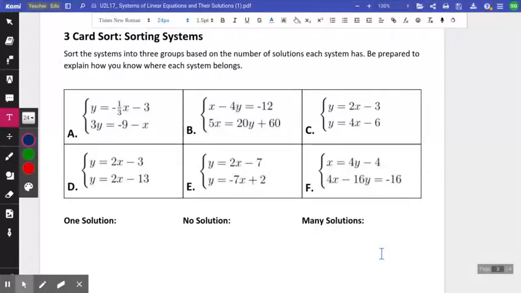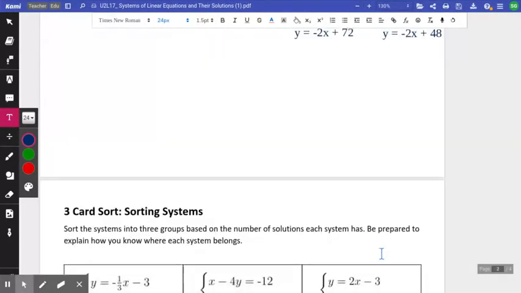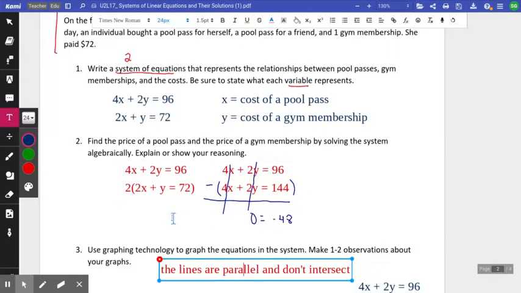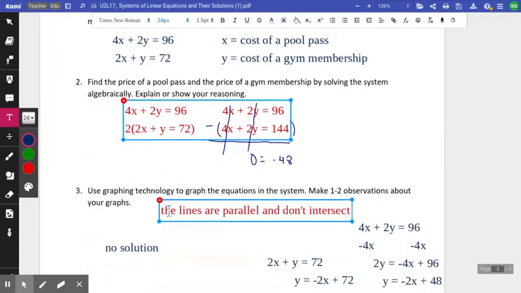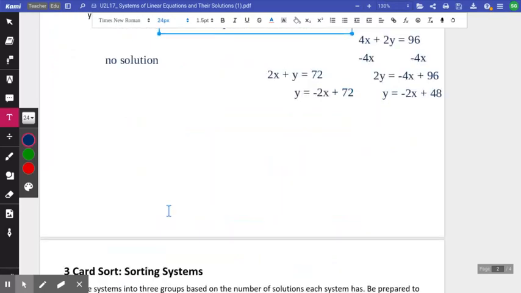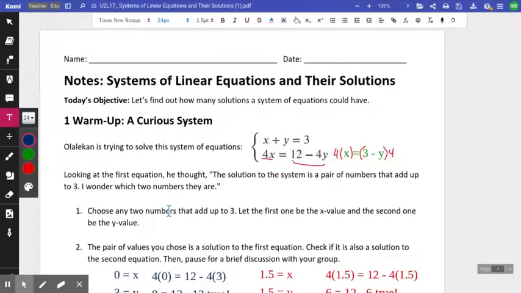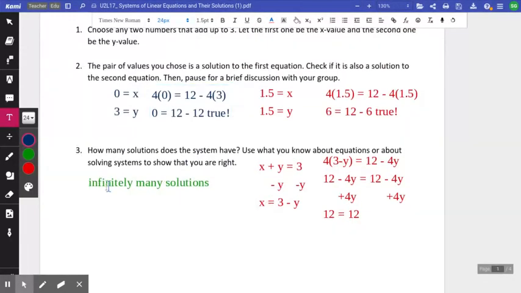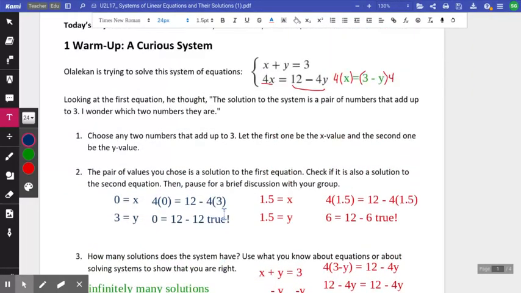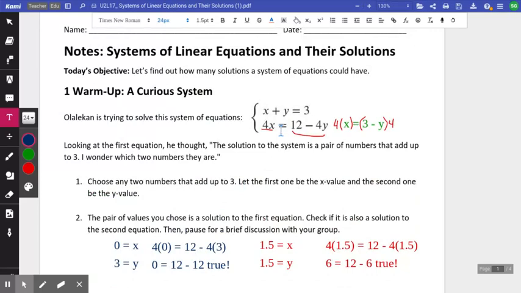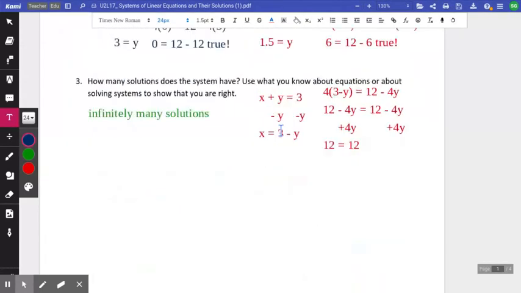Now, one way you can do this is you can solve, just like we've been doing. You can solve algebraically using elimination or substitution, or you can solve graphically. I want to use this activity here, though, as an opportunity to practice what we've been talking about in this lesson with structure. Namely, this idea that systems that have infinitely many solutions have infinitely many solutions because those equations are equivalent equations.